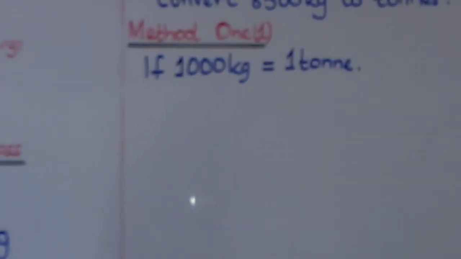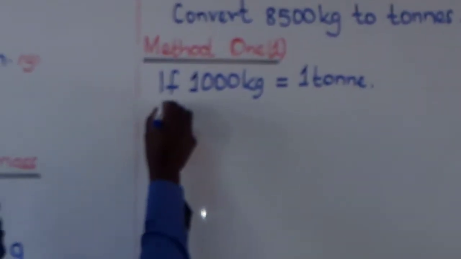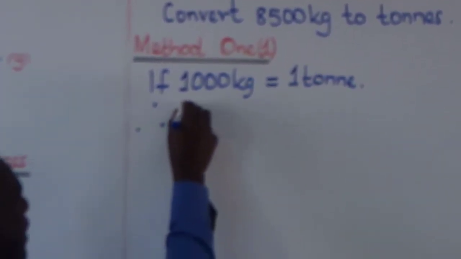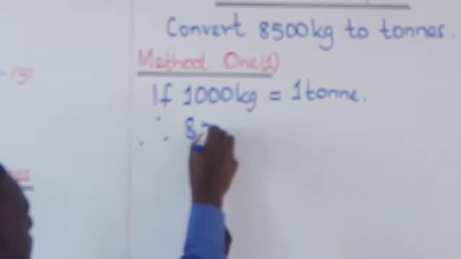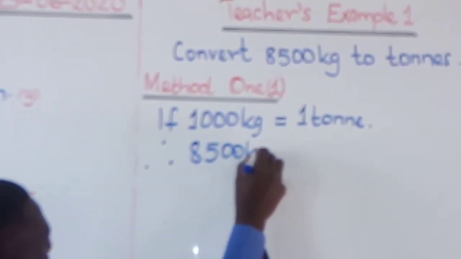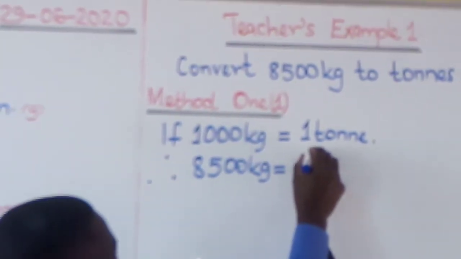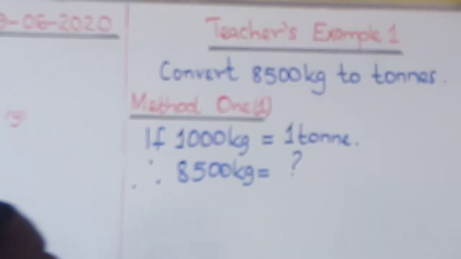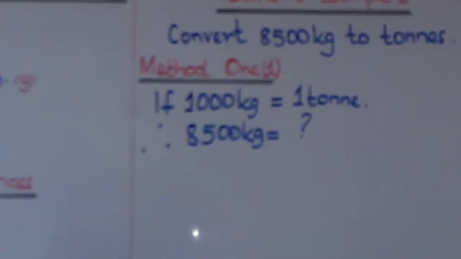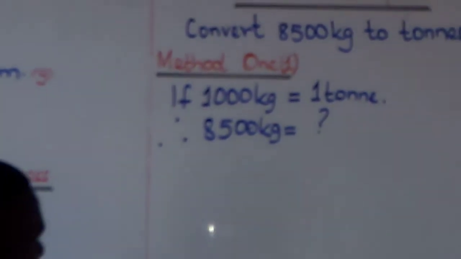If is a conditional word. What about 8,500 kilograms? We ask ourselves that question. What will it be equal to? I know you've heard about cross multiplication.